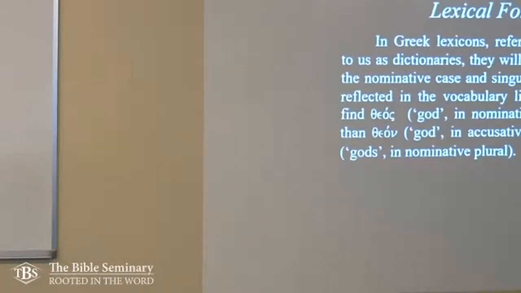Lexical forms, somebody asked about this. In Greek lexicons or dictionaries, they will list the nouns with the nominative case and singular number. This is reflected in the vocabulary list that I've given you. Thus, you will find Theos, God, with a smaller g, however the context works, in nominative singular, rather than Theon, God, in accusative singular, or Theoi, gods, in nominative plural.